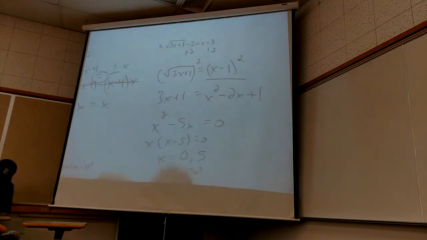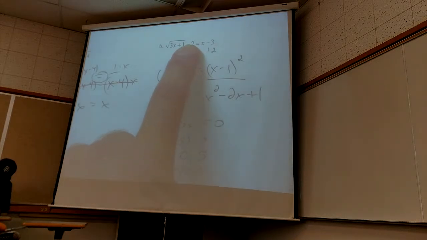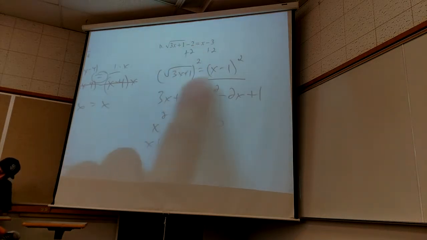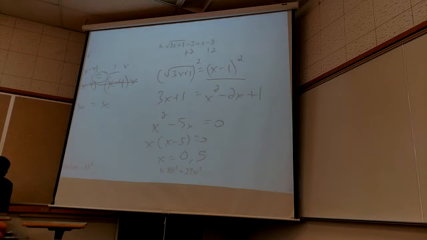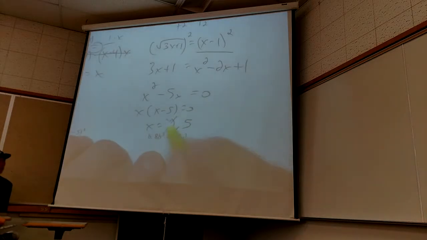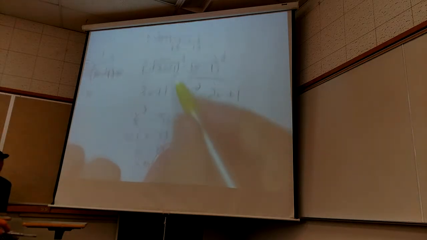You're not allowed to plug a 0 in anywhere in your work you want to. You must always plug it back into the original problem. Why? Because when I squared both sides, I effectively made a new problem. And some of the answers to that problem might be the answers to the original question. That's why you always got to check your work with a radical equation. So does 5 work? So 0, cross it out. Does 5 work?